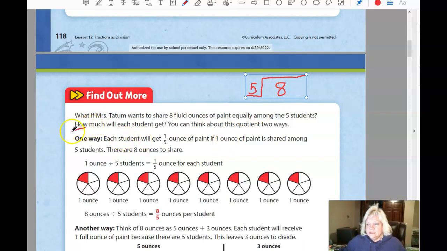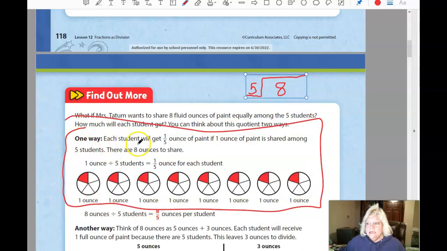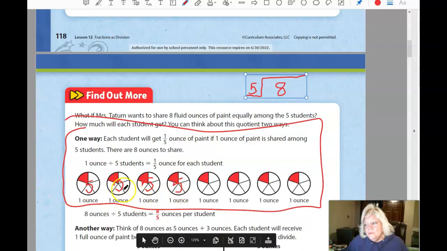Okay, and that's what it's going to show us right down here, but it's going to show us in a couple of different ways. Each student will get 1/5 of paint if 1 ounce of paint. So because we have 5 students, this is divided into 5, this is divided into 5, this is divided into 5, this is divided into 5, and then we have 8 ounces that we're sharing.